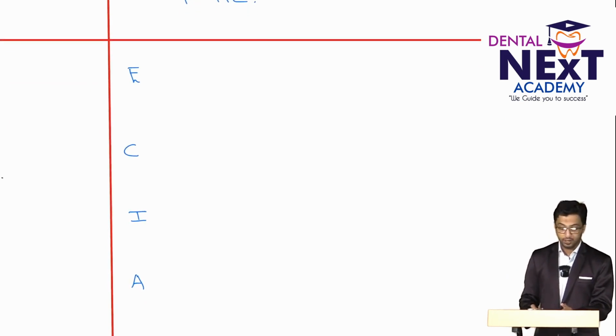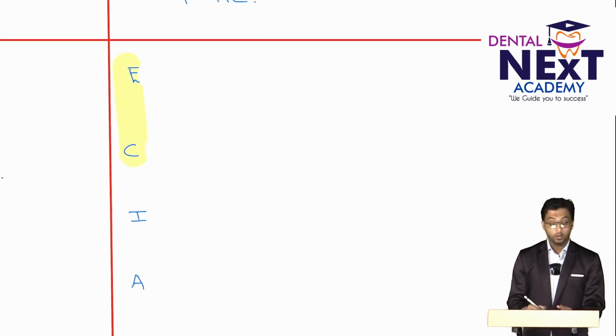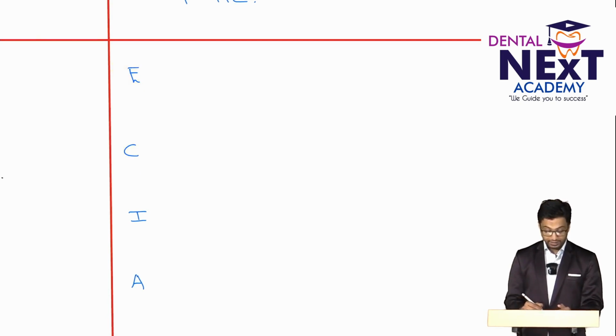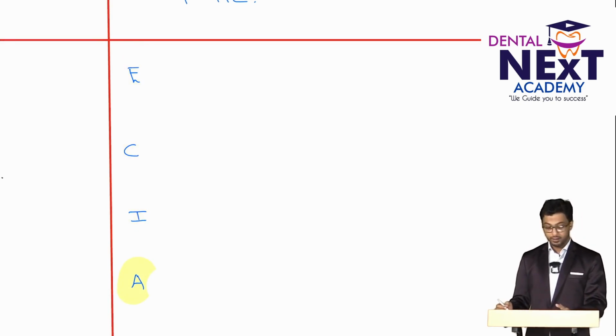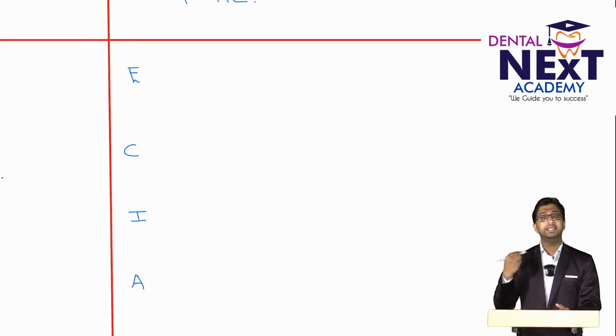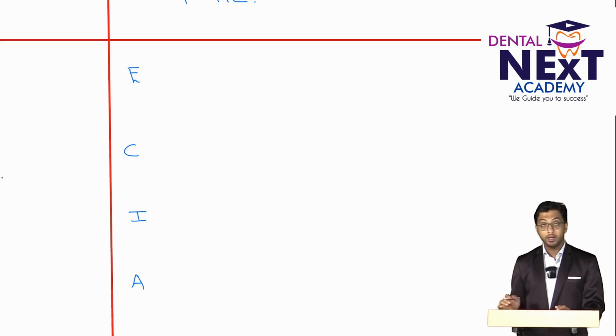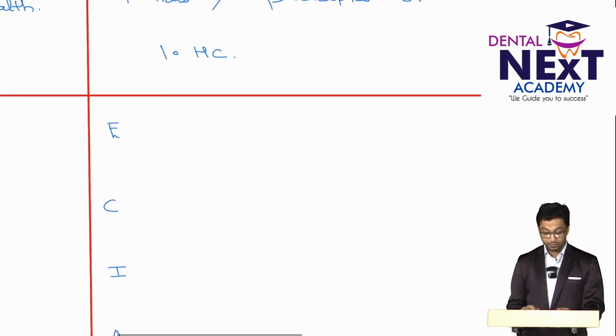It's easy. Or you can remember it as age of ice, or ice age. So age of ice. Now let's see what are the components or what are the pillars or principles.